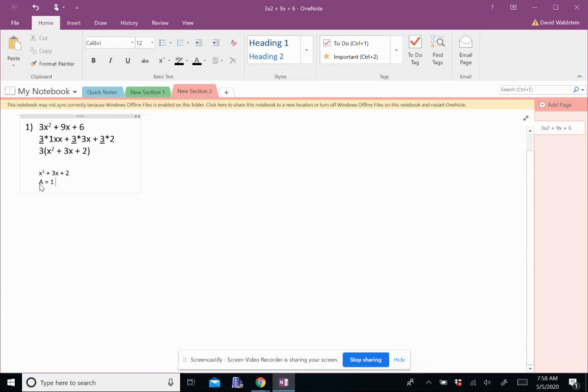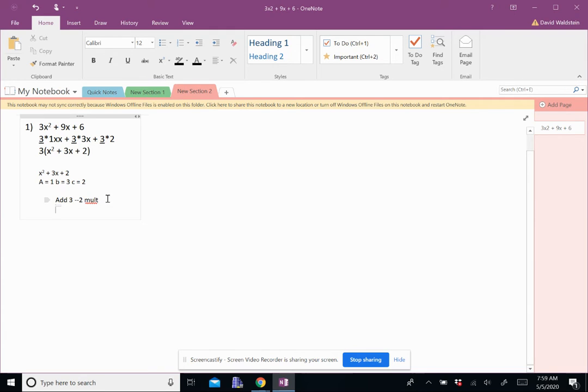A is 1, B is 3, C is 2. A times C is 2. So we're looking to multiply to get 2 and add to get 3. And those numbers are 2 and 1.